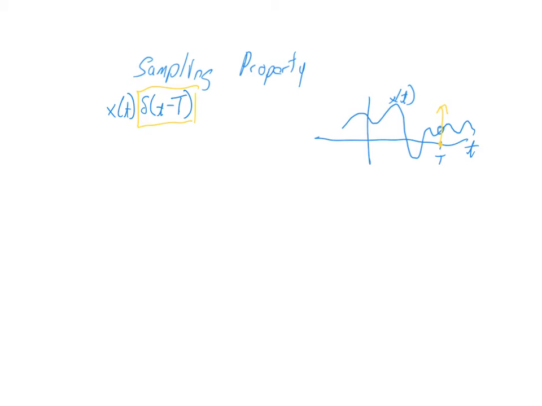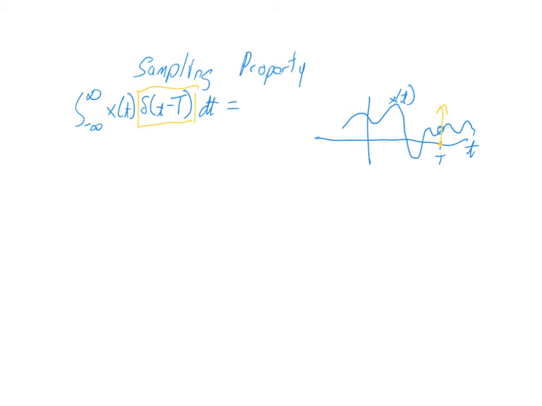So now we have the product of these two functions, and what we do is we integrate the product, and we let the time variable go over all time. So now we can use properties of the delta function to greatly simplify this integral.